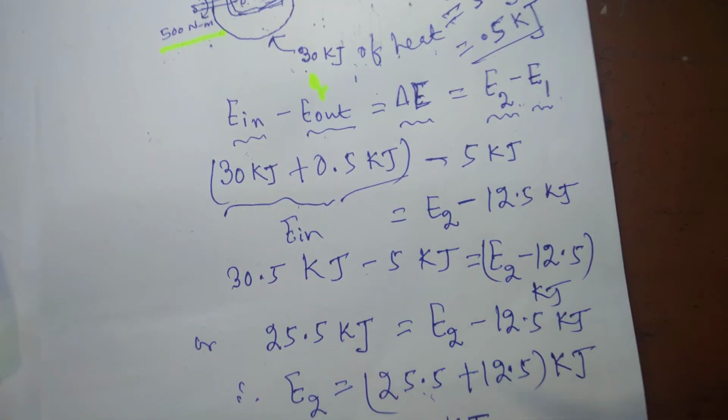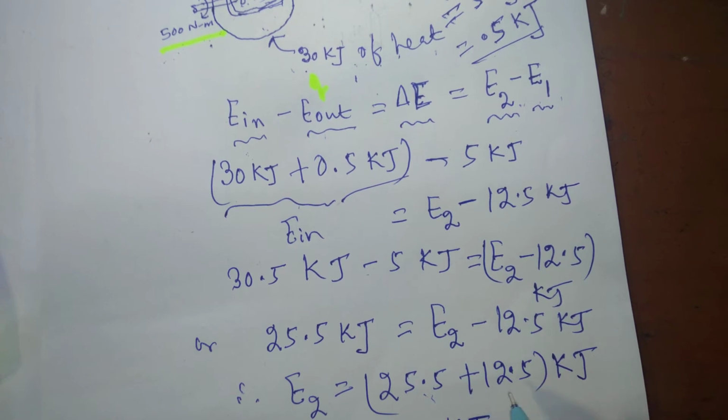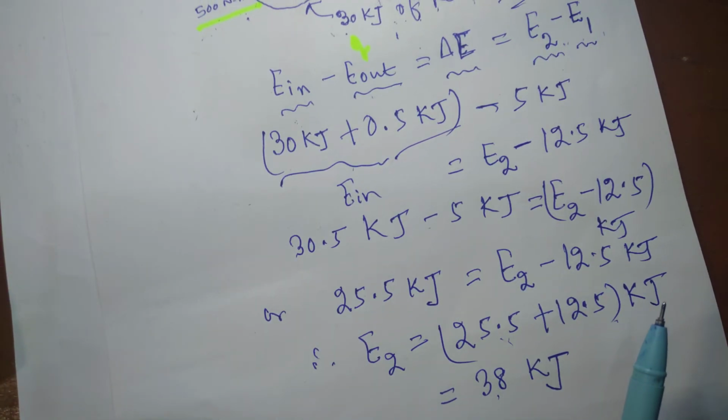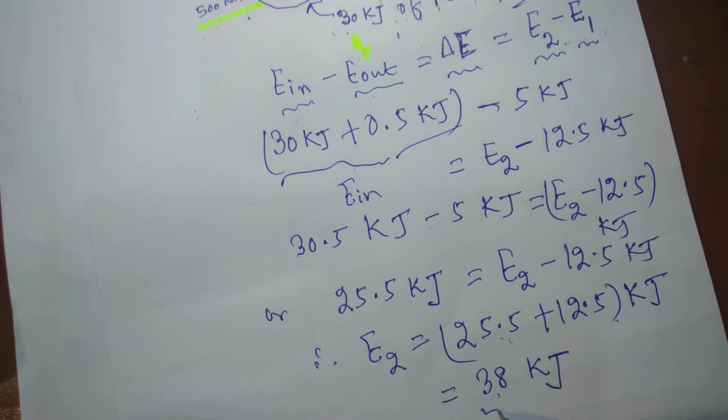So this increases the internal energy. Initial energy was 12.5. So this net energy that will be added to the system will increase the energy of water to 38 kilojoule. So this is the final energy.